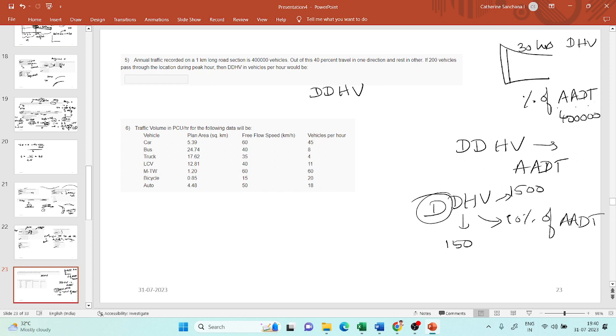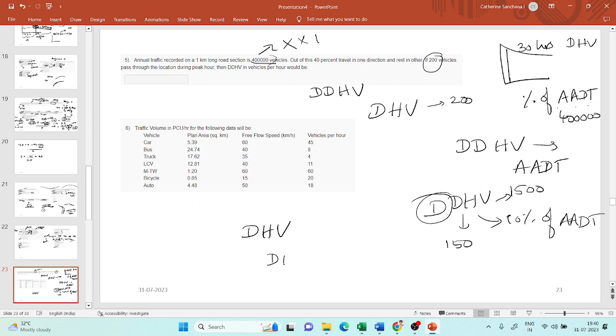So if you read this question carefully, this 4 lakhs has nothing to do with your question because they have already given that 200 vehicles pass through the location during the peak hour, which means your design hourly volume is already given as 200. So you need not take this and divide and multiply it by some percentage. This is not necessary because they've directly given you this DHV.